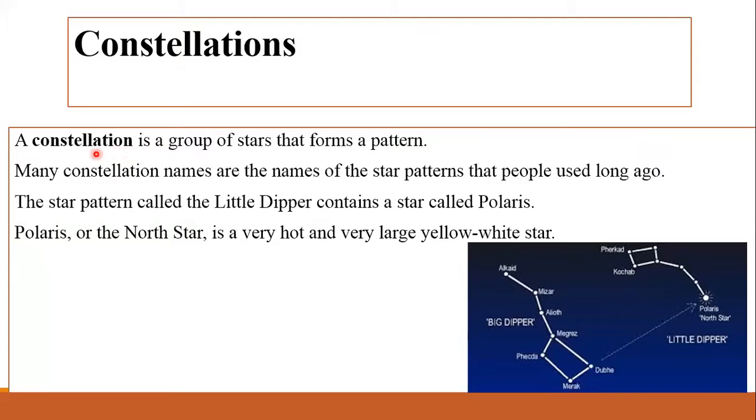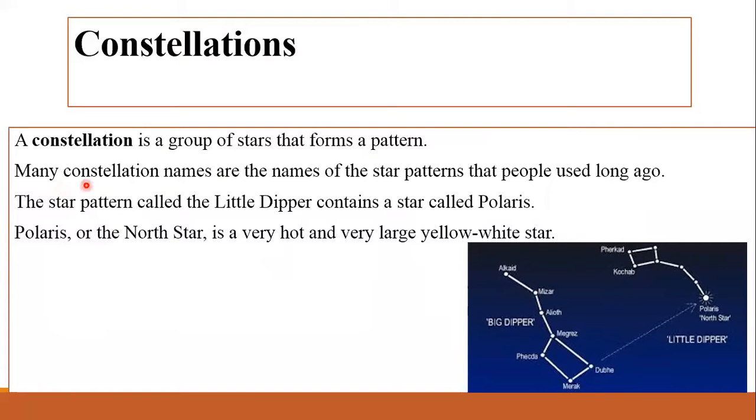So, what is the meaning of constellation? A constellation is a group of stars that forms a pattern. You see at this shape here, they form a pattern. This pattern, we call it Little Dipper, and this pattern, we call it Bigger Dipper.